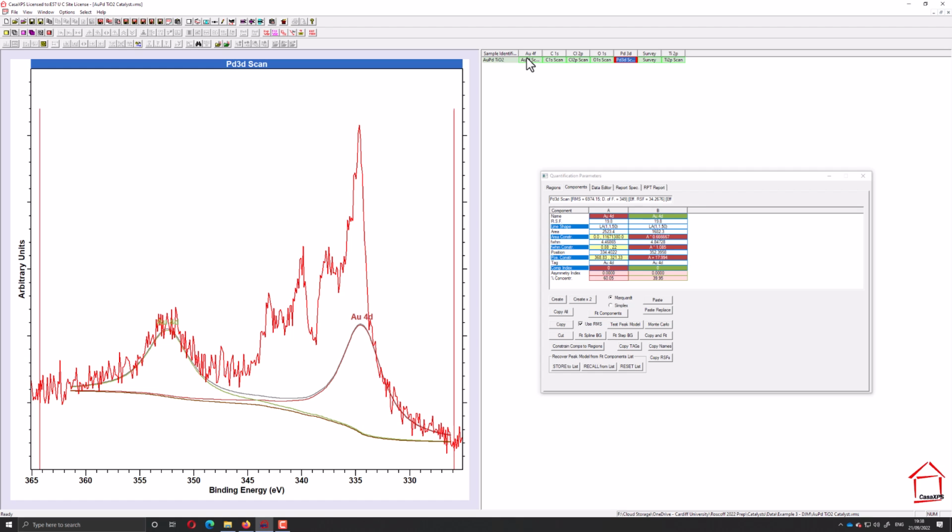So within the elastic mean free path of the 4D electron, we should be able to see in XPS the whole of the particle, the top, the middle and the bottom, if you like.